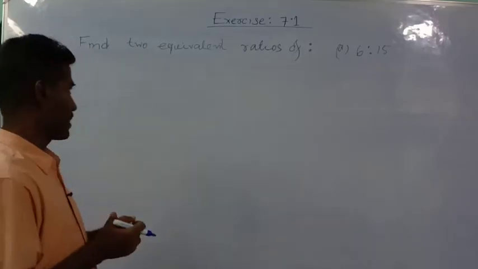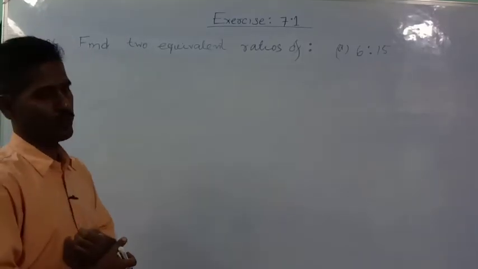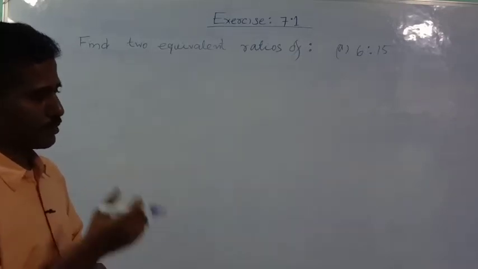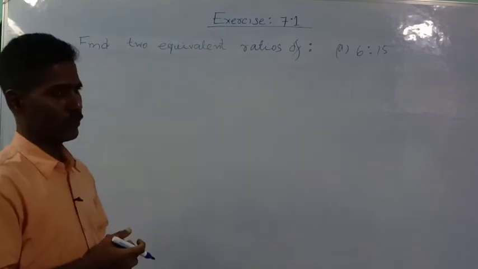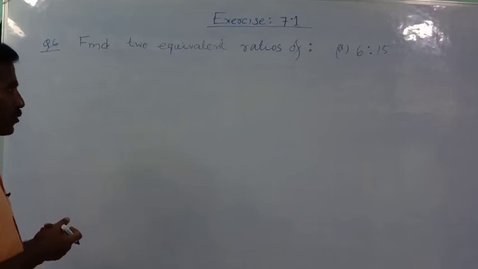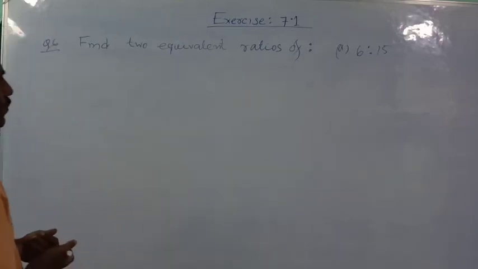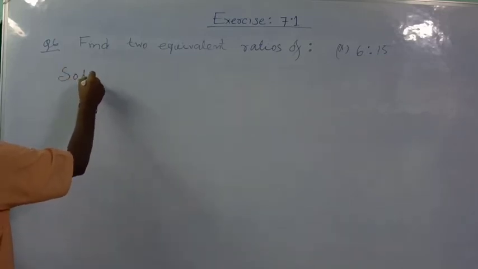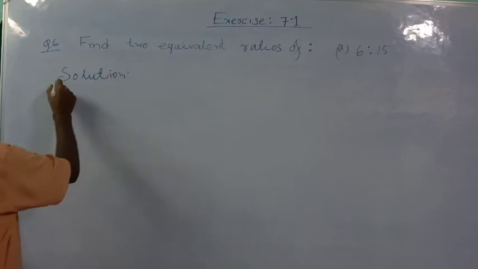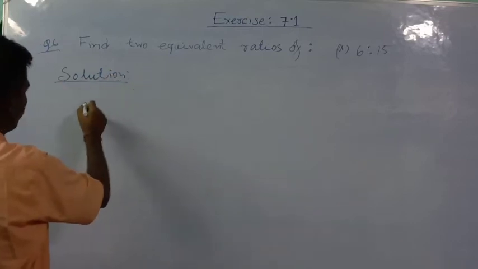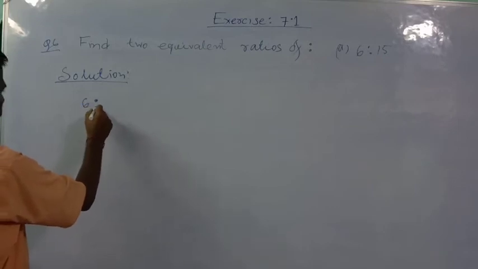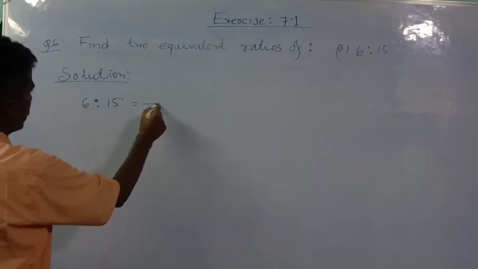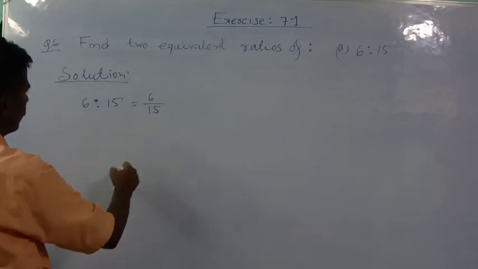Now let us do question number 6, that is, find two equivalent ratios. Sub question A has been picked up for you, that is 6 is to 15. You already know how to find equivalent fractions, and equivalent ratios work the same way. Solution: 6 is to 15, equal to 6 by 15.